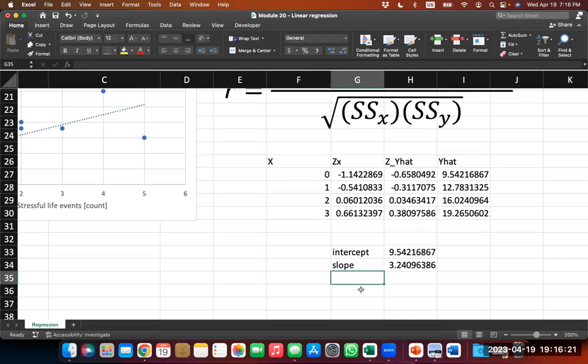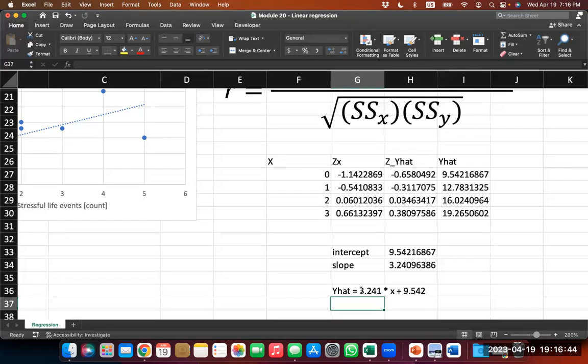So now your final equation is nothing else but y hat equals 3.241 multiplied by x plus 9.542. So that's your regression equation.